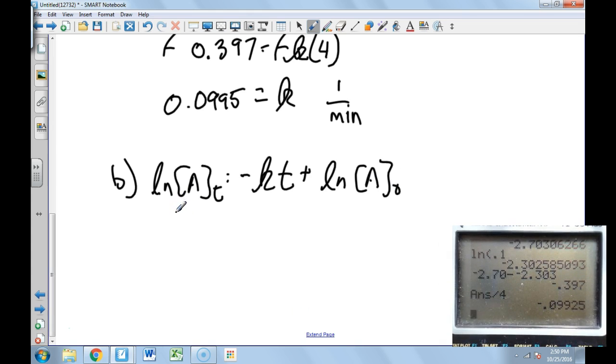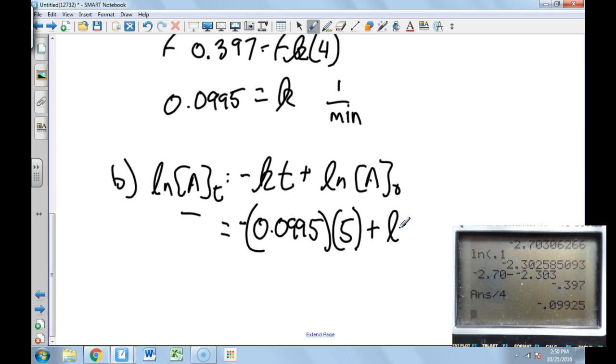So we're solving for the concentration at 5 minutes. So that's going to equal negative 0.0995, that's our k from part 1, times t, 5 minutes, plus the ln of 0.1.